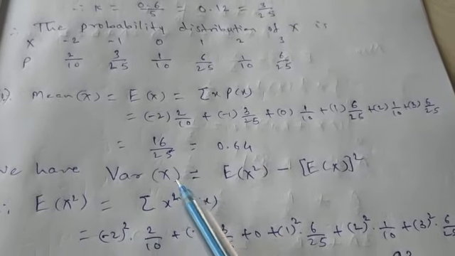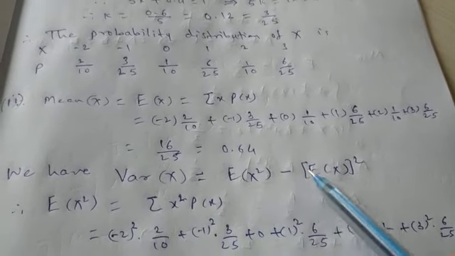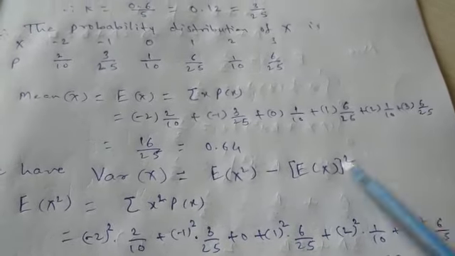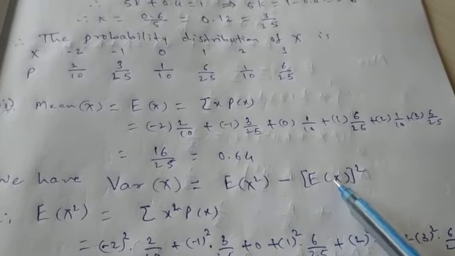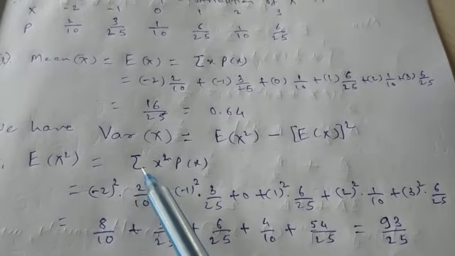Now we also know that variance of x, by the first property of variance, equals expectation of x square minus expectation of x whole square. We know the value of expectation of x, which is 16 by 25. So we have to find E of x square. Therefore E of x square equals summation of x square into P of x.